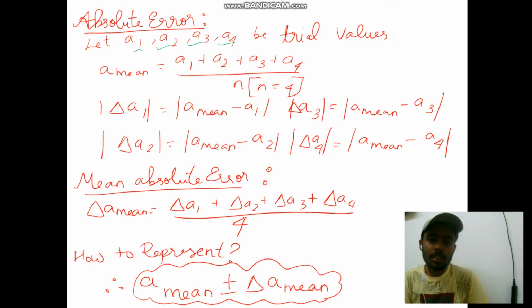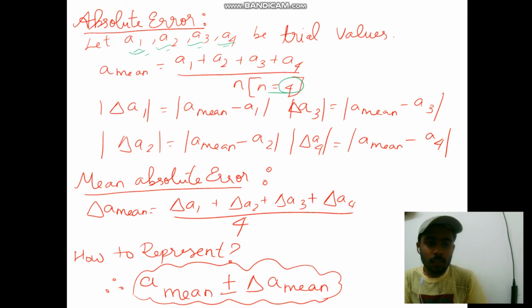The average value is the sum of all values divided by n, the number of values. Here there are four trials, so we divide by 4 to find the mean value. Then we find the absolute error for each term.